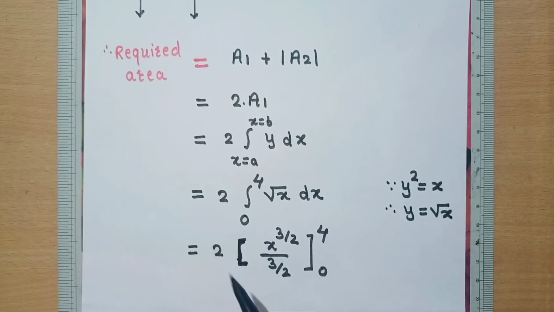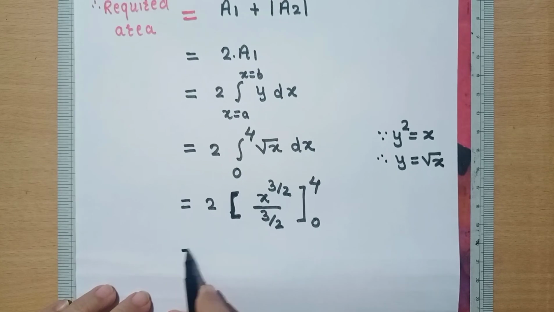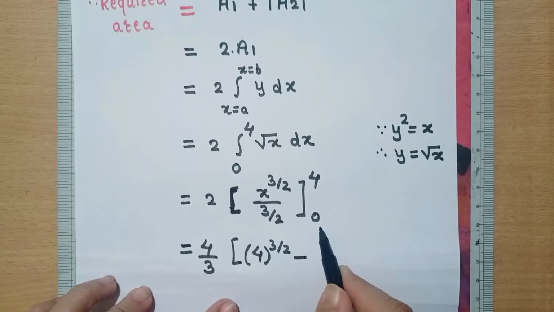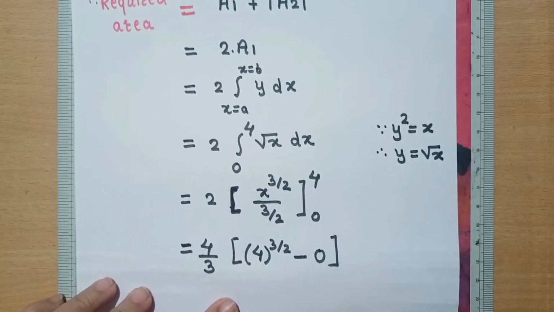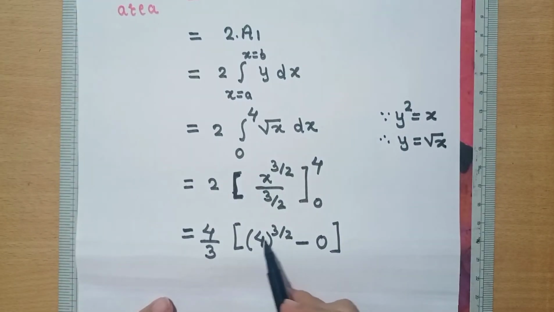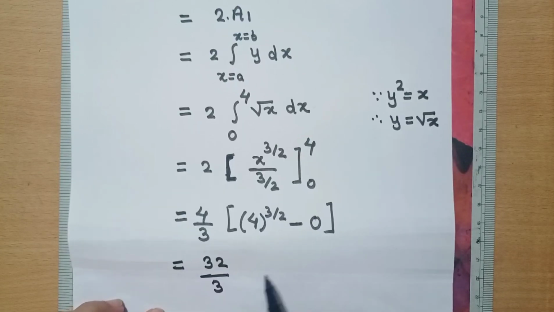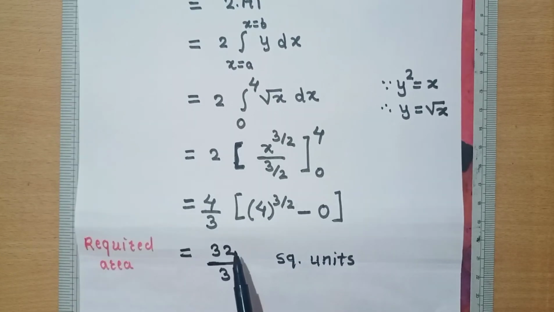We will take this constant outside, so 2 will go upside, so here 4 by 3, and here we will substitute 4 raised to 3 by 2, and minus, after substituting 0 we have simply 0, and square root of 4 is 2 and 2 cube is 8, so 4 8s are 32 upon 3, and write down unit, square units. This is the required area of the given parabola.